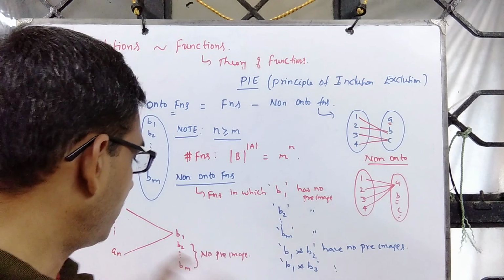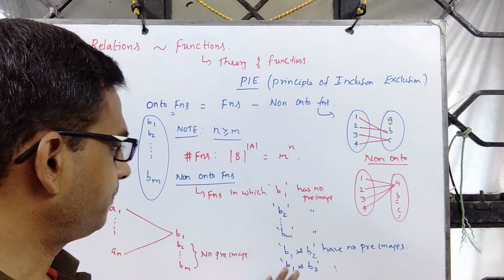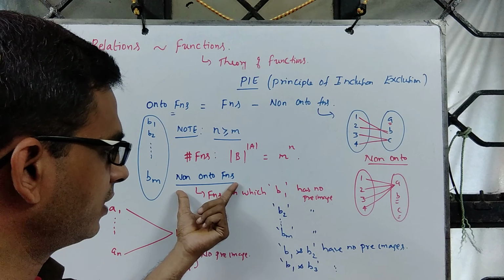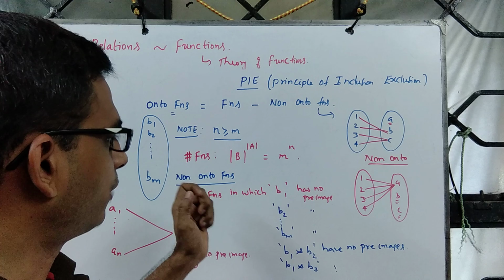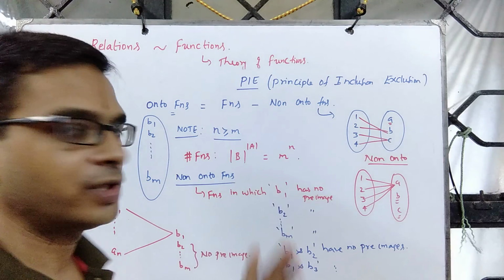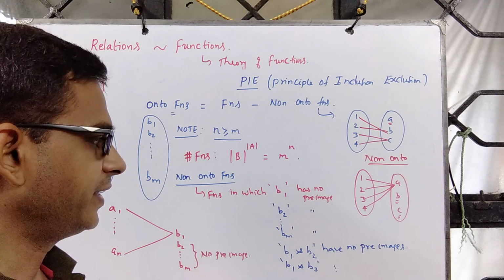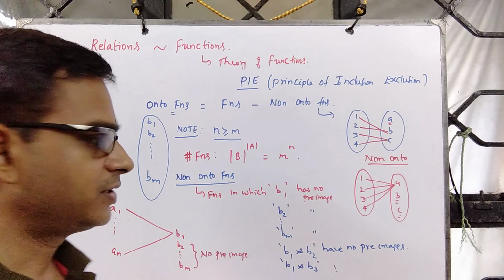Now we need to count all such functions, bring them under the umbrella of non-onto functions, and subtract that count from the total number of functions. Fine, so that's precisely the idea. Let's count that.